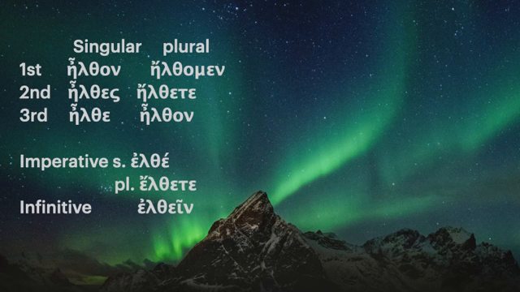If we go back to the aorist, it retains an active form in the aorist and it now has a strong aorist, or I'm not sure if it ever did have a weak aorist, but let's have a look. So we've got elthon, elthes, elthen, elthomen, elthete, elthon.